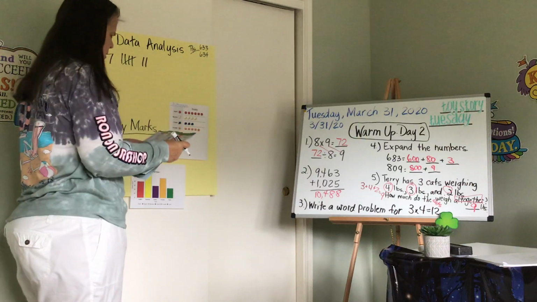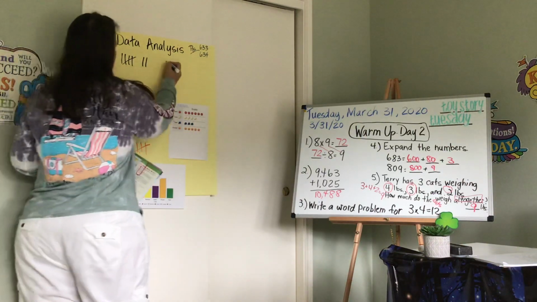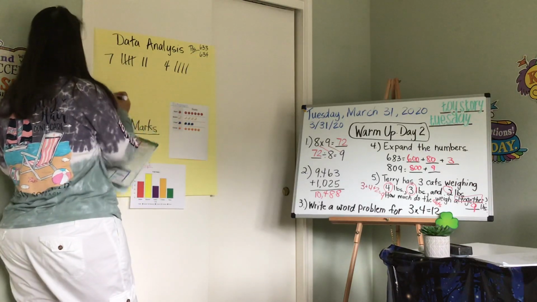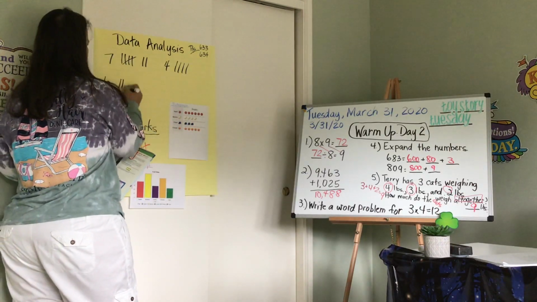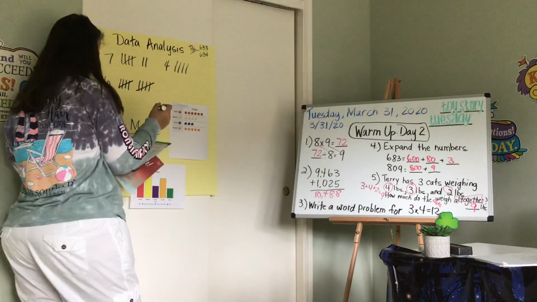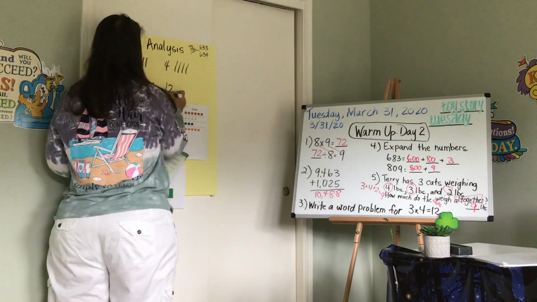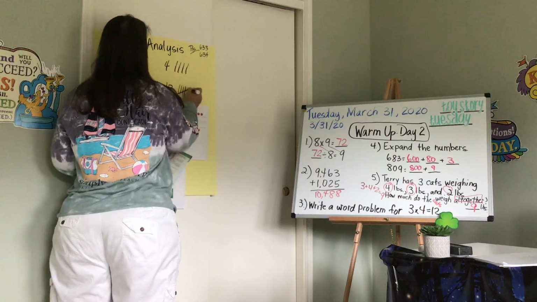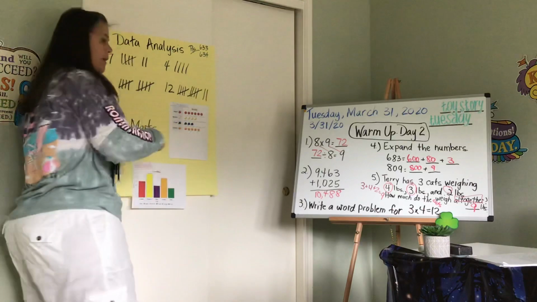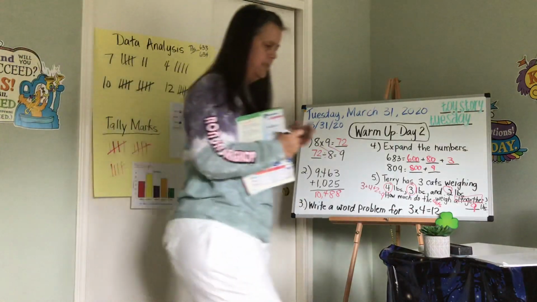Okay? 4. 1, 2, 3, 4. 10. 1, 2, 3, 4, 5, 6, 7, 8, 9, 10, and 12. 1, 2, 3, 4, 5, 6, 7, 8, 9, 10, 11, 12. All right, that's it for tally marks.